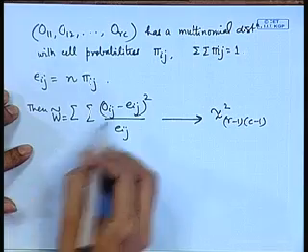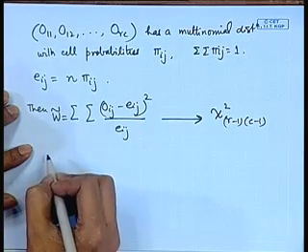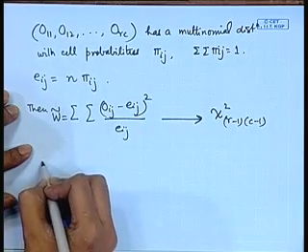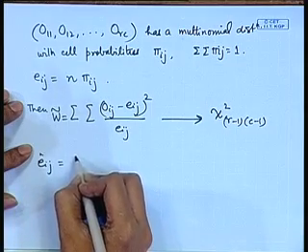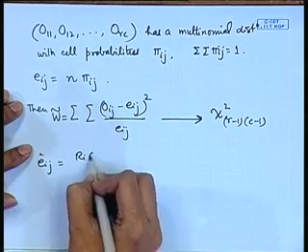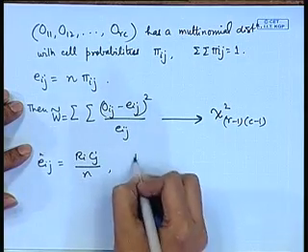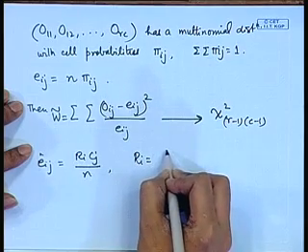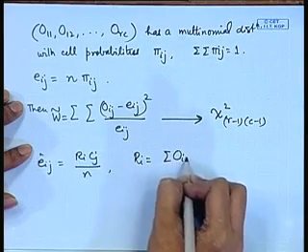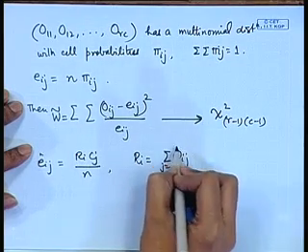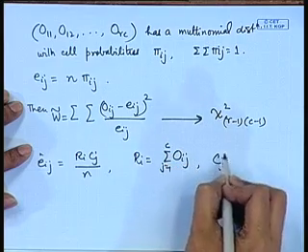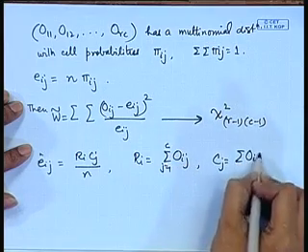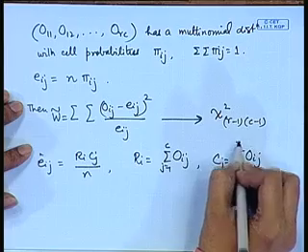The values of Eij are estimated by considering Ri Cj by n, where Ri is actually the summation of Oij, j equal to 1 to c, and Cj is sigma Oij, i equal to 1 to r.